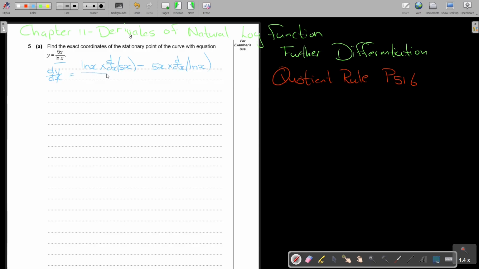And then the line there, and then I take the denominator and I square it. So let's just do this. It's ln x, and this is just going to be 5 minus 5x.